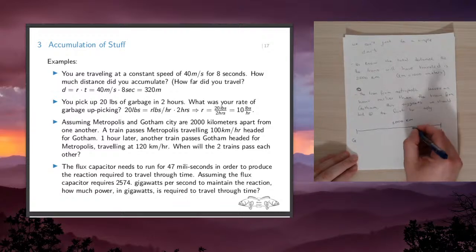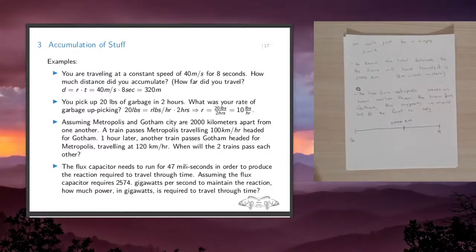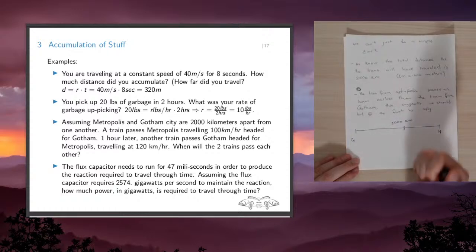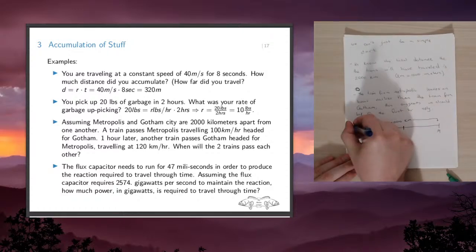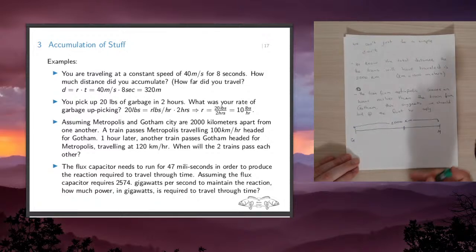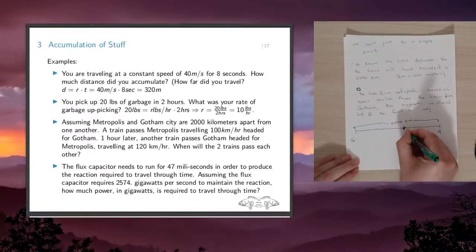I'm just drawing this mark here arbitrarily. This is 2,000 kilometers, and I'm going to say this little guy right here is the point where the trains meet.